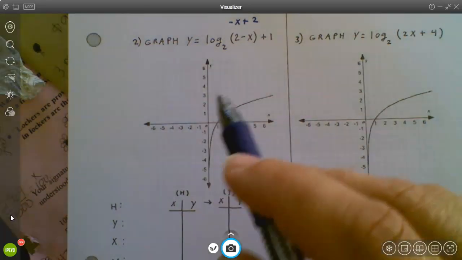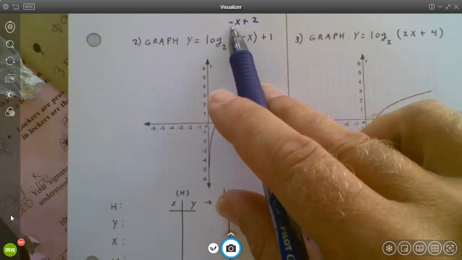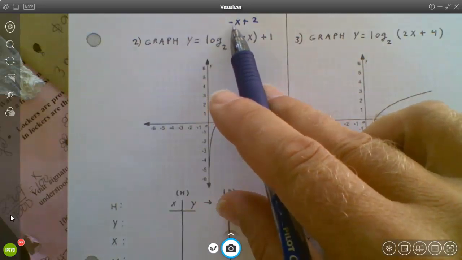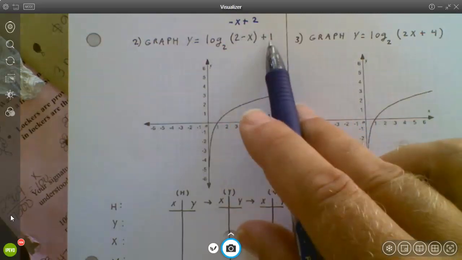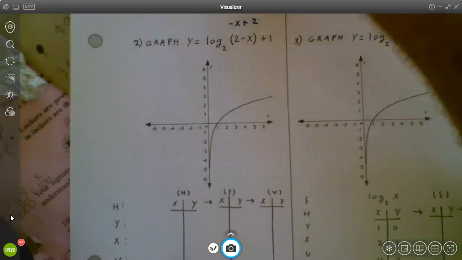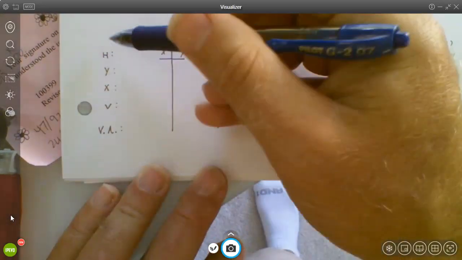So we've got 3 things going on. The reflection across the y-axis, we have subtracting 2 from the x's, and we have adding 1 to the y values for that vertical shift. So if we put those in the order that it should happen, here's our HRS.